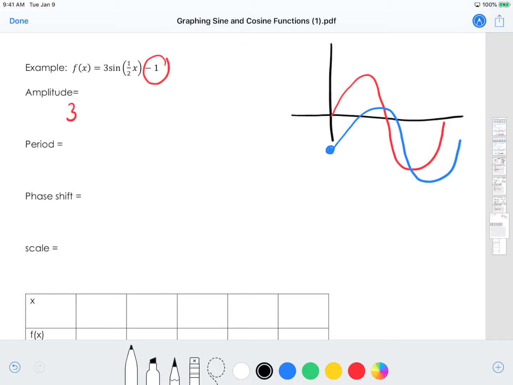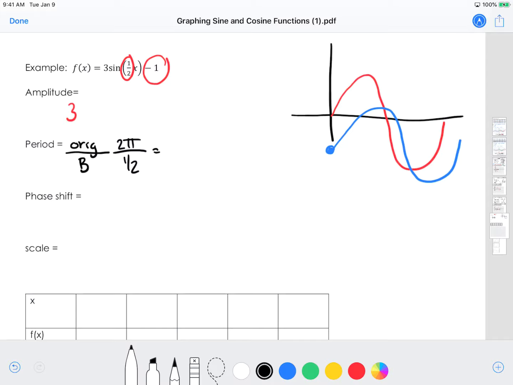Okay, our period, remember our period is going to be the original period divided by our value of b. In this case, our value of b is 1/2. And because this is the sine function, the mother function sine has a period of 2 pi. So I'm going to take 2 pi and divide by 1/2.